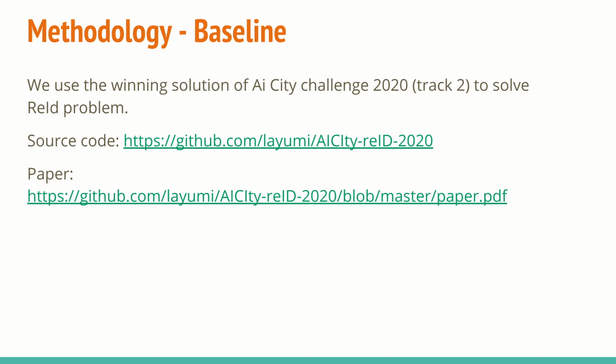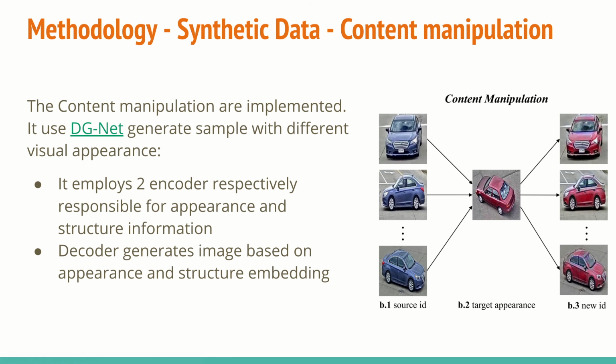So I use the latest solution, maybe the state-of-the-art solution, to solve this problem on another dataset, the VeRi dataset. We have the source code and the paper here. Although I use the solution of the winner, I don't use all of it. I just use a part of it because some techniques are not suitable for the VeRi dataset.